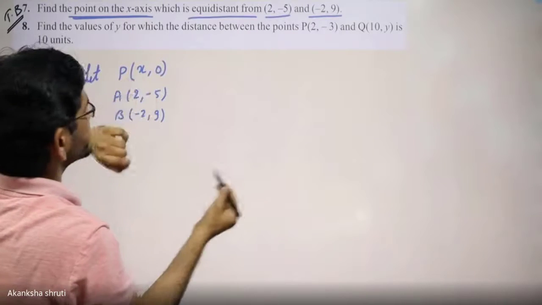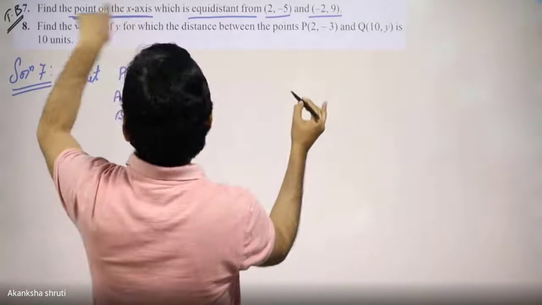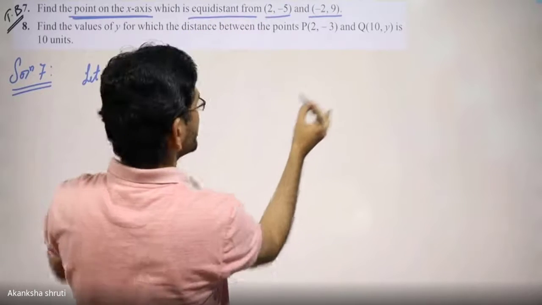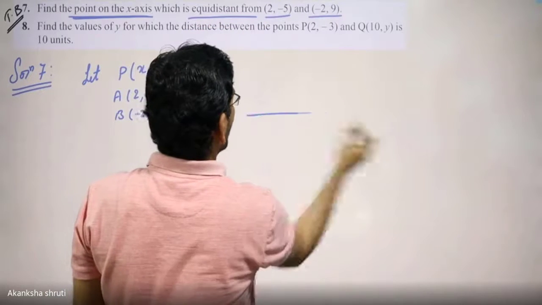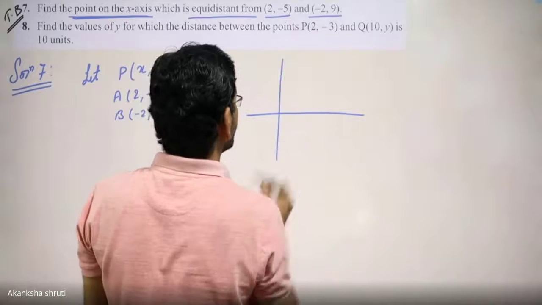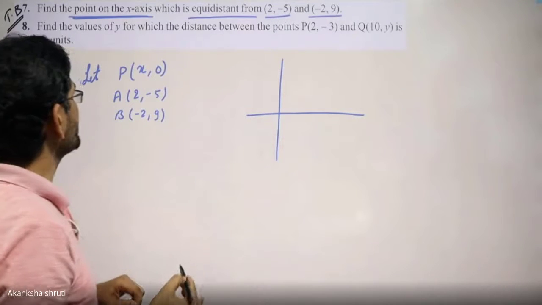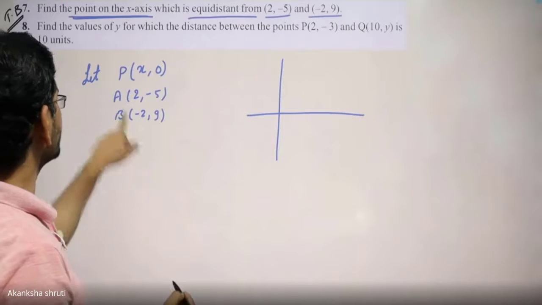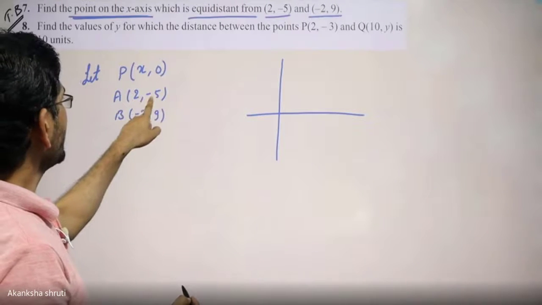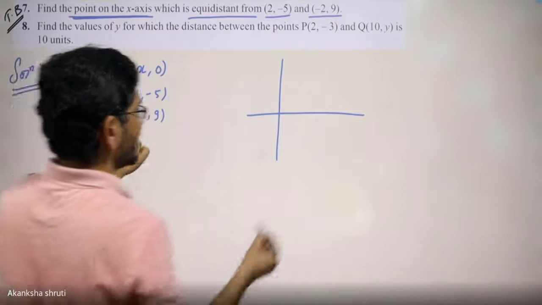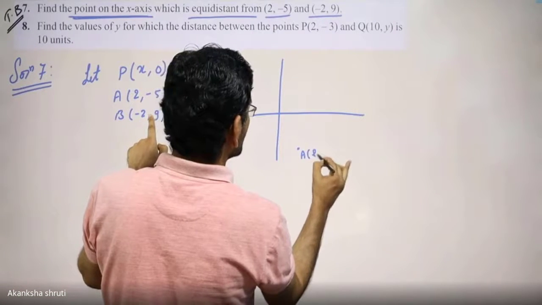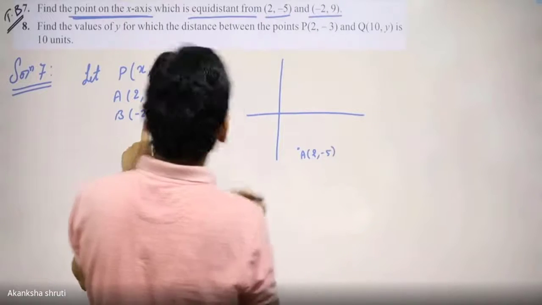Students, even better, we shall write it in a rough diagram form, or even if we draw it in our coordinate system, we can see that this P is on the x-axis. For this A, x is positive, y is negative. Let us consider this point as A (2, -5).